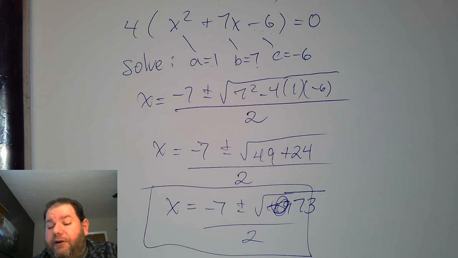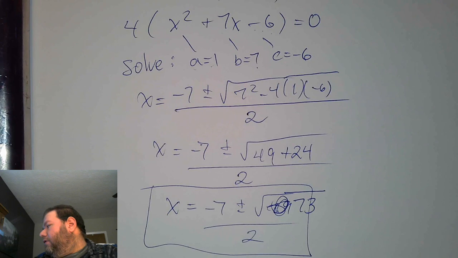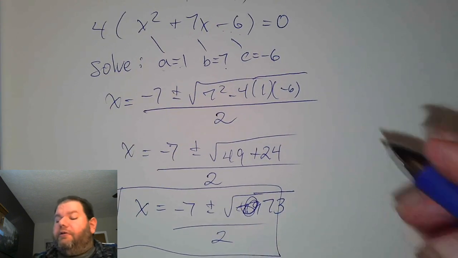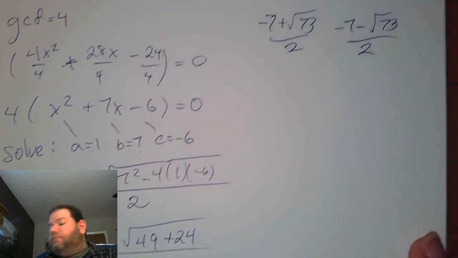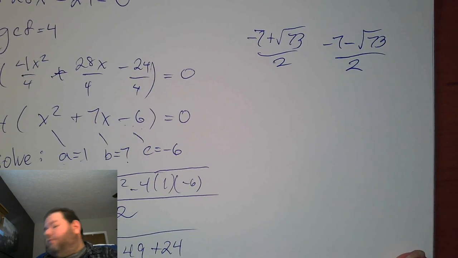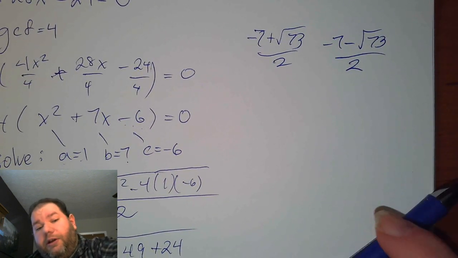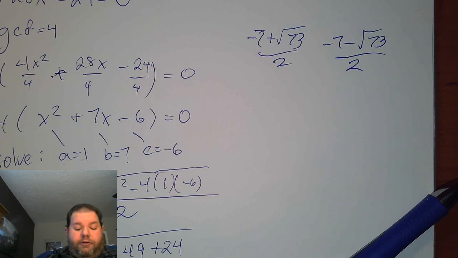Here's the thing that we run into. If we have our formula here, we could branch it off into two solutions. -7 plus root 73 divided by 2, and -7 minus root 73 divided by 2. And we can calculate those on the calculator.